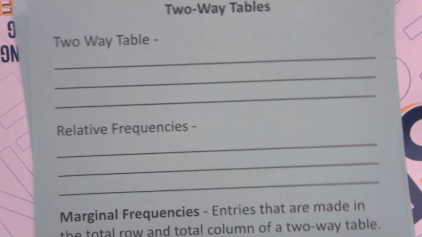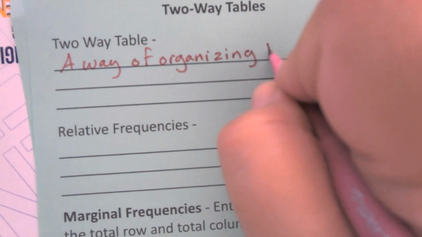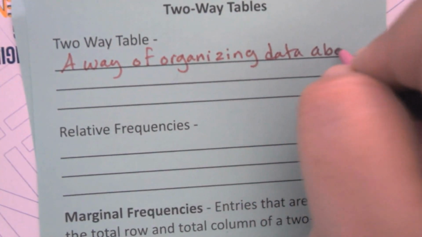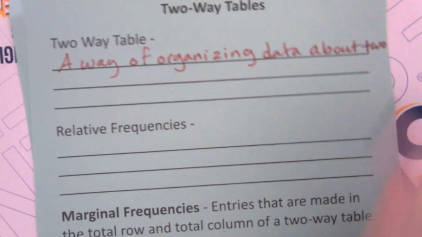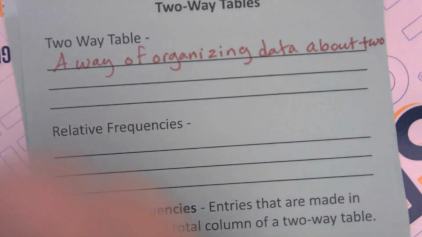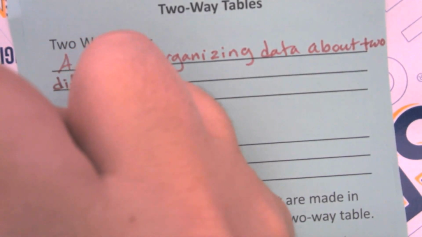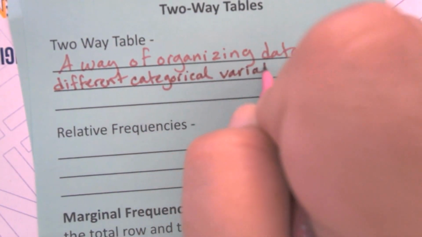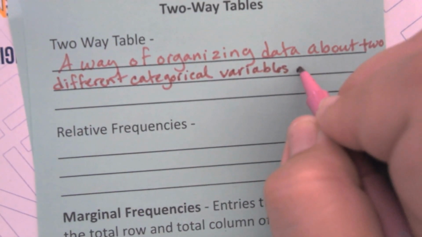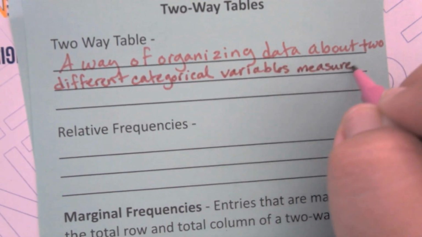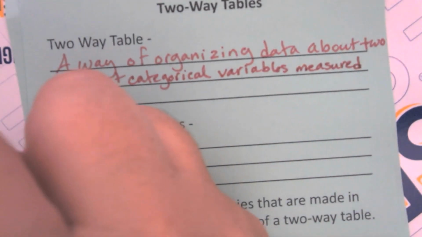So a two-way table is a way of organizing data about two different categorical variables measured from the same set of individuals.